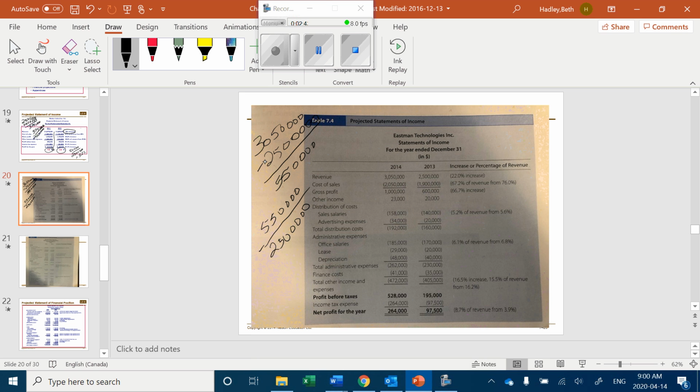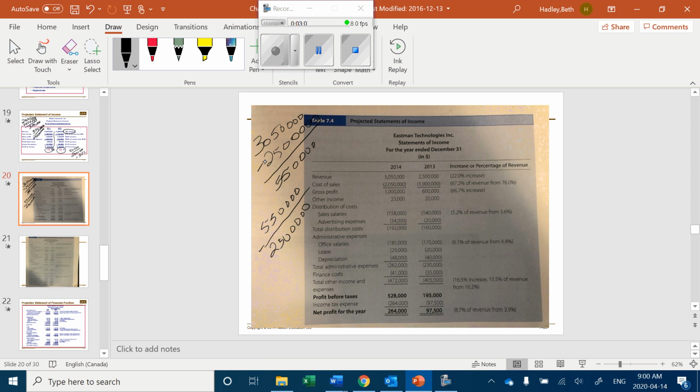However, if you want to do your vertical analysis, so last year in 2013, we've all done our vertical analysis several times. So your 1.9 million divided by sales, which is 2.5 million. So last year, cost of sales was 76% of sales.